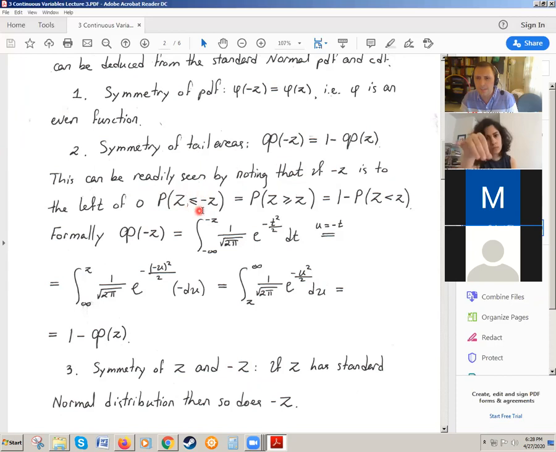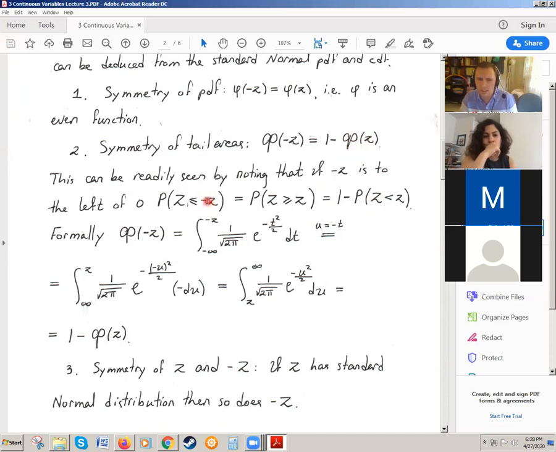Because the density curve is a symmetric bell-shaped curve, the probability you're below minus z is the same as the probability that you're above z, which is 1 minus the probability that you are below z. You can always replace less than or equal to by strictly less than, because the probability that Z equals a particular number is 0, right? So we have 1 minus the probability that Z is less than z, which is this thing.